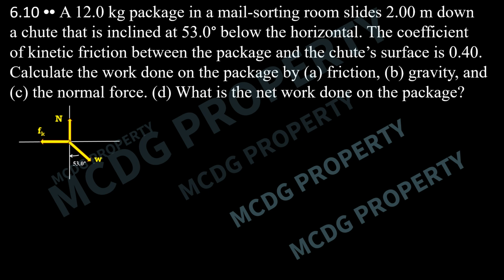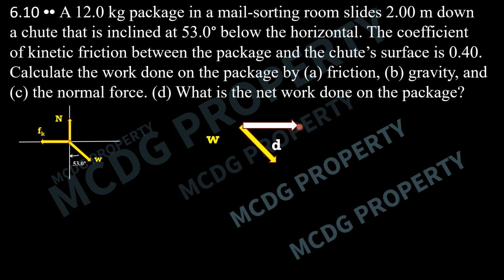Let us consider now the work done by gravity. The direction of the gravitational force is given here. Then the direction of the displacement, or the direction of motion of the package relative to the weight, is given by this white arrow here.